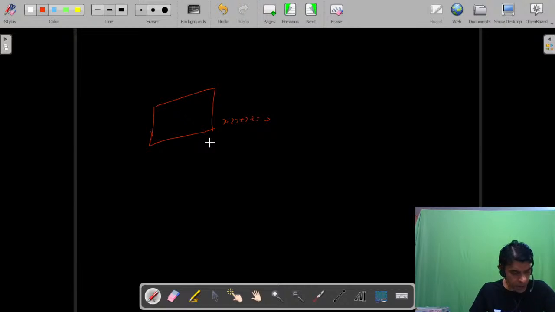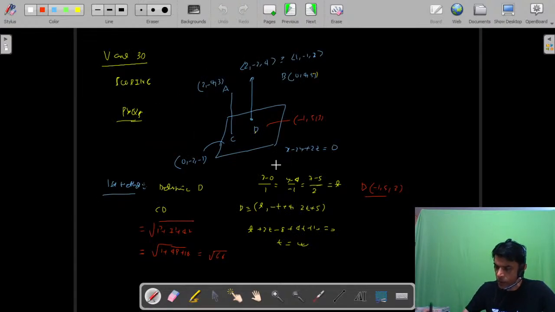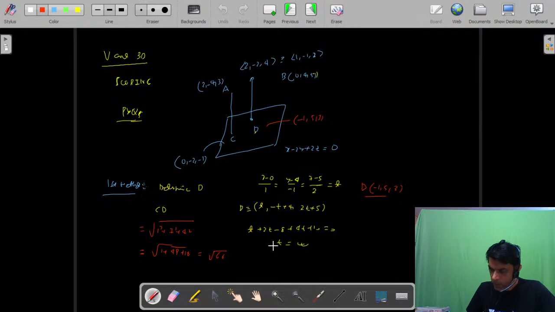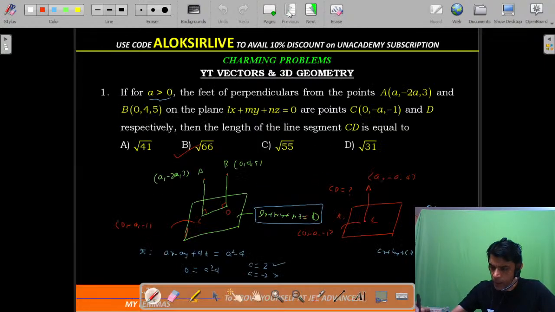Correct? Just check it once, that all of you are getting this plane or not. We got the direction ratio, so let me check once from here what I got. Here I got this one, here I got that one, and one page is missing. Okay, so we got this one here.